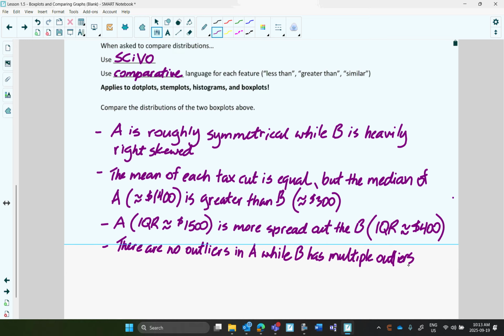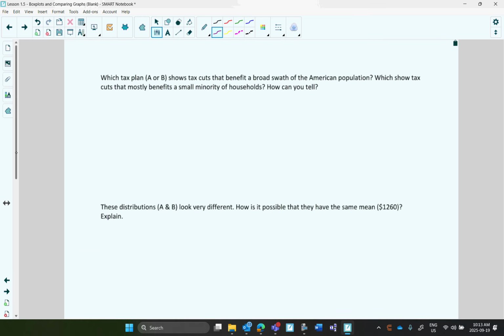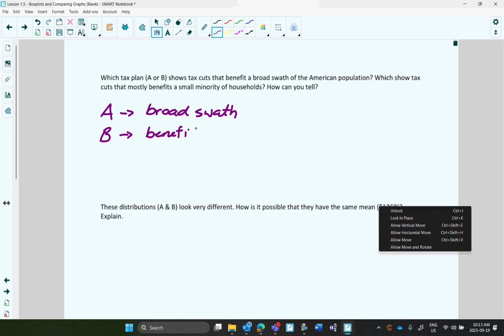So given that, we can make some conclusions. Which tax plan shows tax cuts that benefit a broad number of the American population? A. A is a broad swath, where B benefits a small minority.